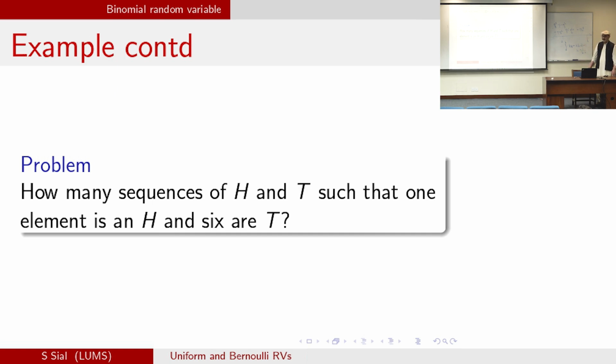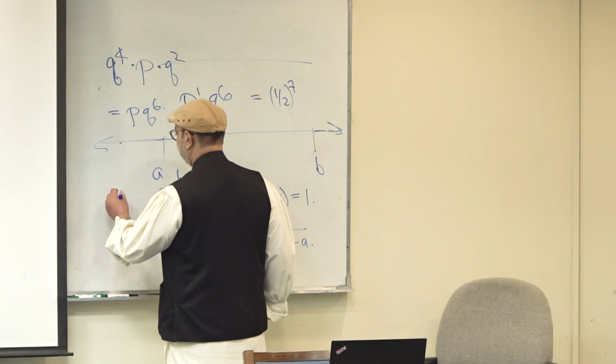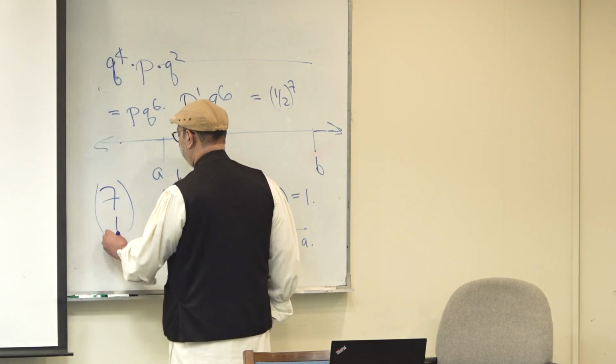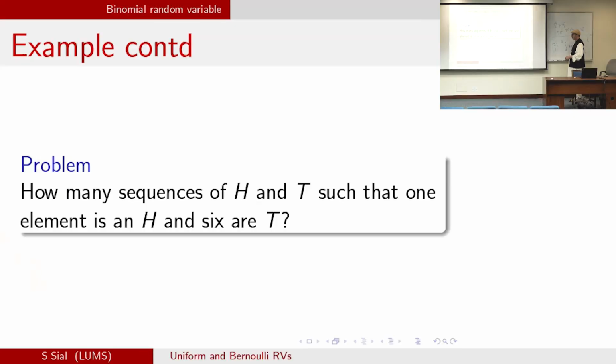So there are 7 such sequences. The other way to look at it is that there are 7 places and you choose 1 for your H and the remainders are T's. So it's 7 choose 1. So there are 7 choose 1 sequences in which there is 1 H and 6 T's.